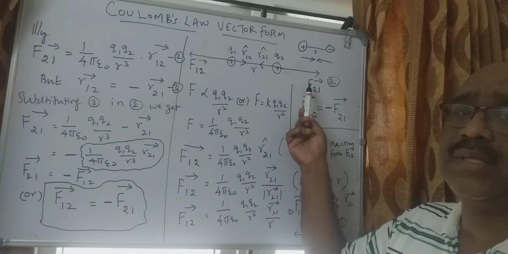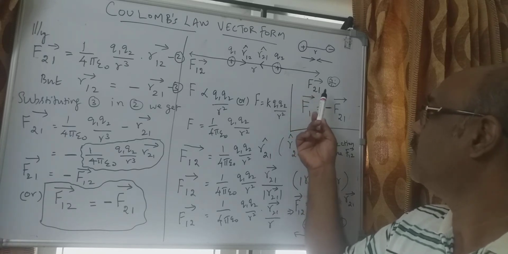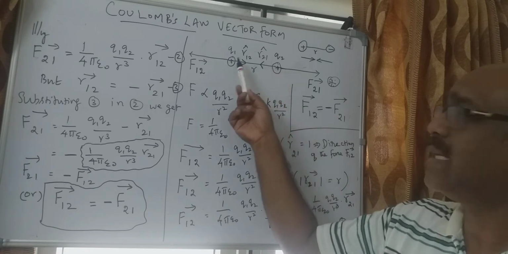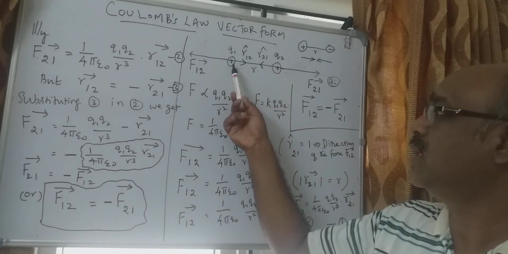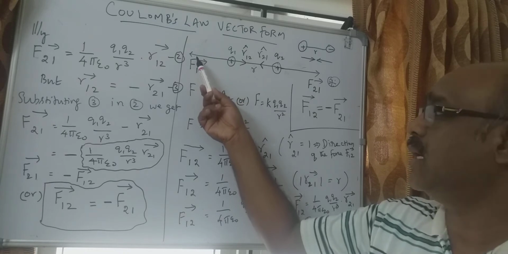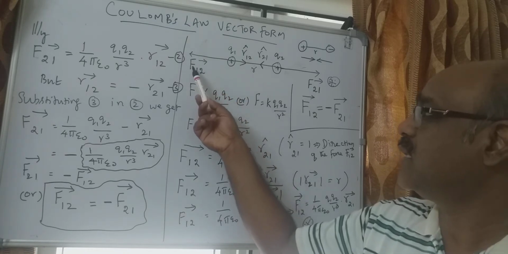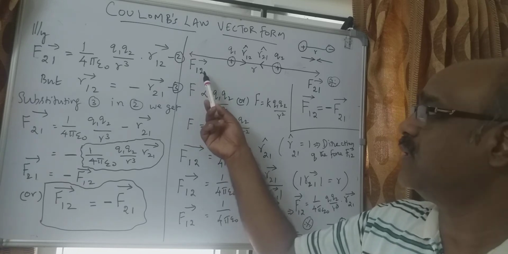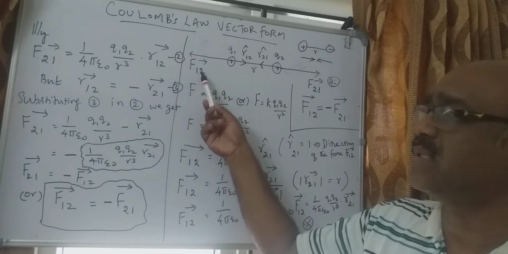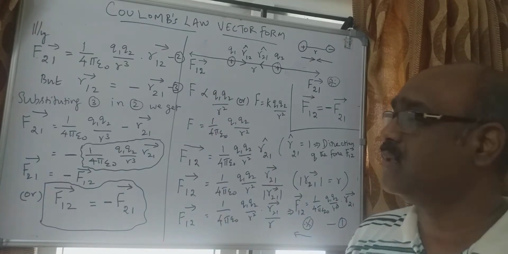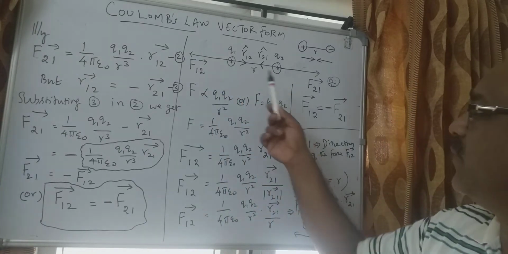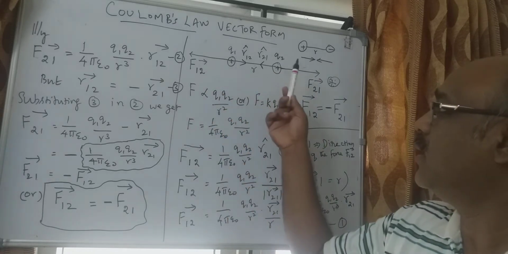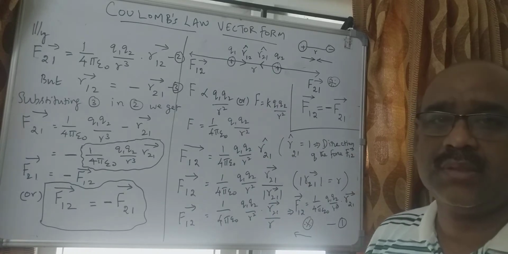In the same way, the second object will also exert a force on this charge, which is noted here like this: the force exerted on the first charge by the second charge.